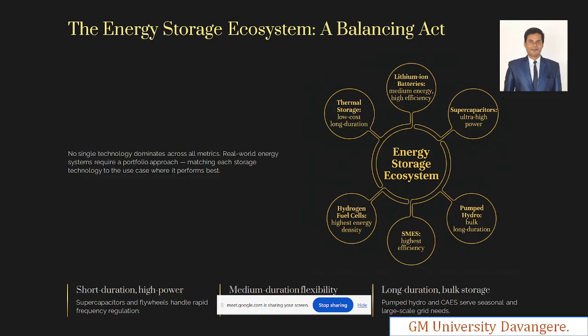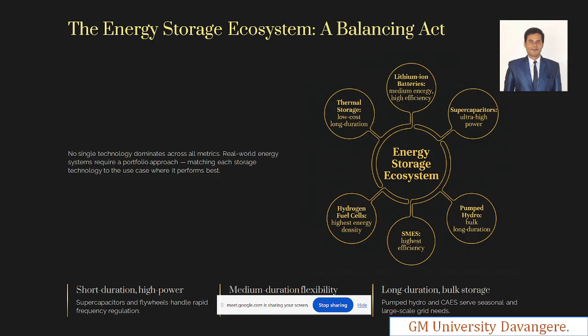This is the portfolio where the energy ecosystem can have various forms of energy storage, which may match each energy technology that can be used in a case where it performs the best, where you are going to use it in a specific way.